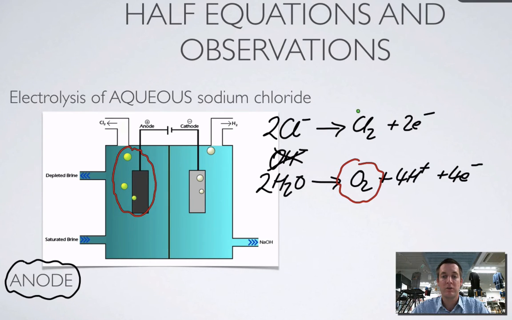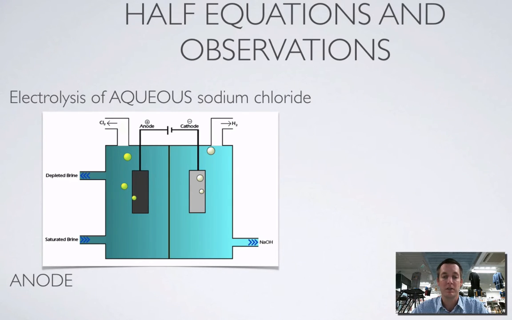And so that should lead us to believe that it wasn't the oxygen that formed, but the chlorine, and that now tells us that it was this half equation that represents the process taking place at the anode, and not this half equation. So again, we don't have to predict which one would happen, but we do have to be able to use the observations that we would be given to decide which one actually took place.